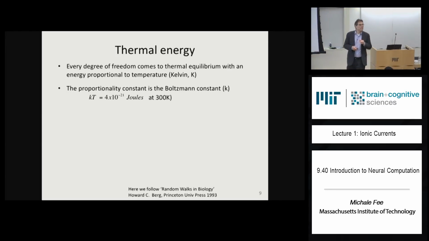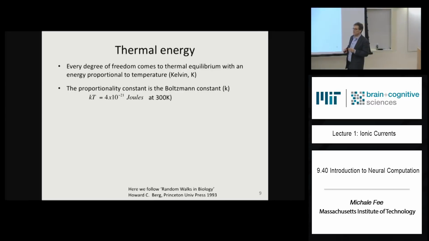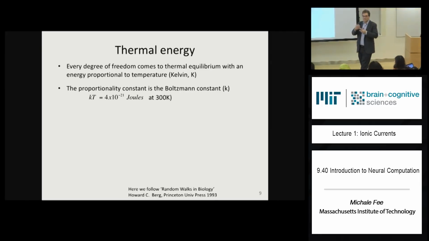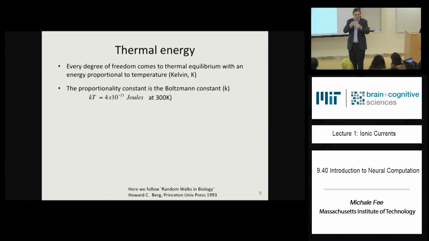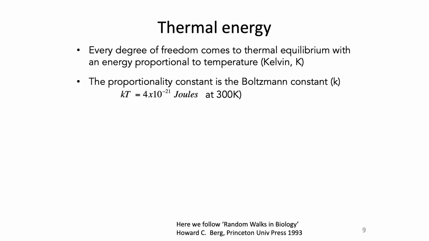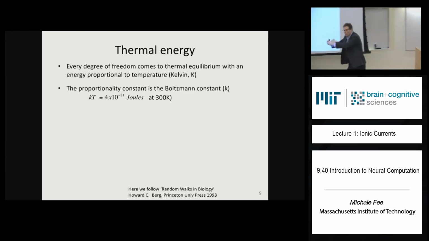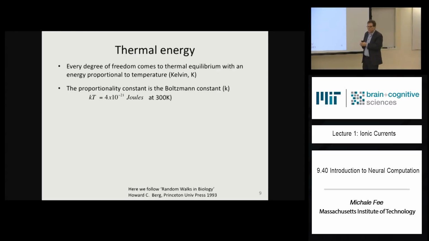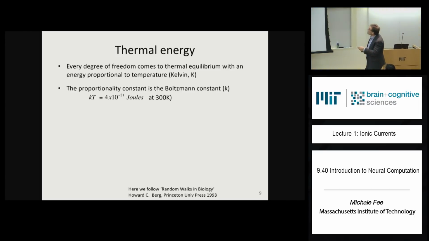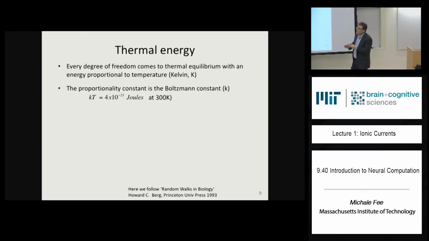Okay, so the first thing we need to talk about, if we're going to talk about diffusion, is thermal energy. Every particle in the world is being jostled by other particles that are crashing into it. And at thermal equilibrium, every degree of freedom, every way that a particle can move, either forward and backward, left and right, up and down, or rotations, comes to equilibrium at a particular energy that's proportional to temperature.